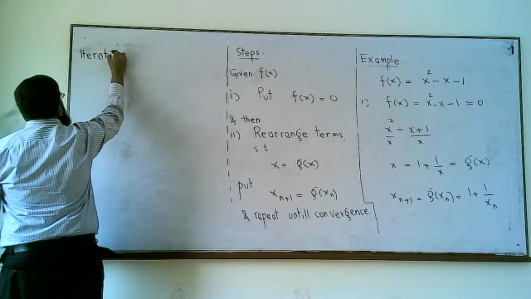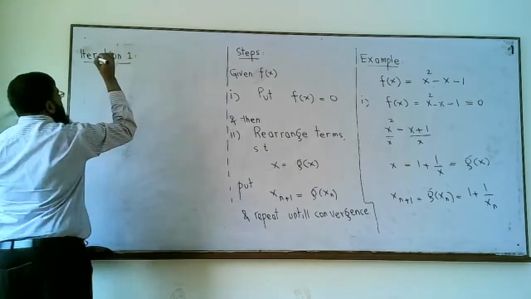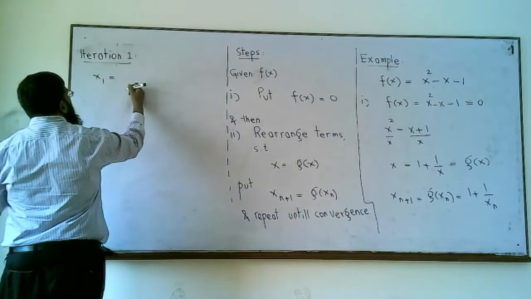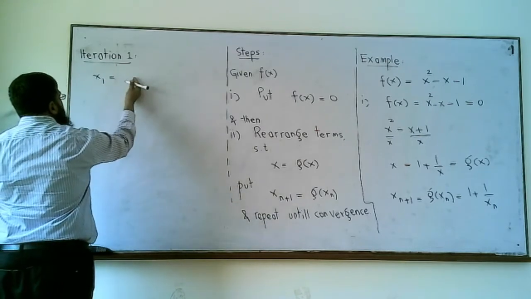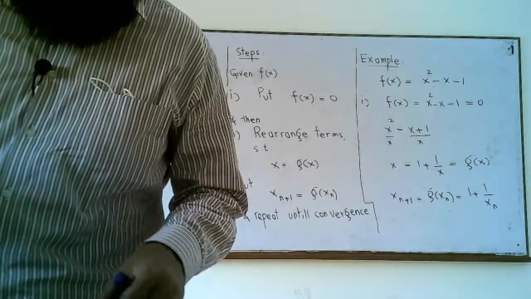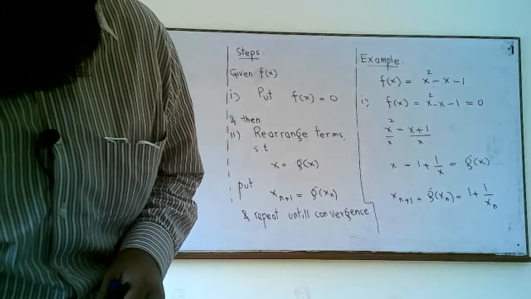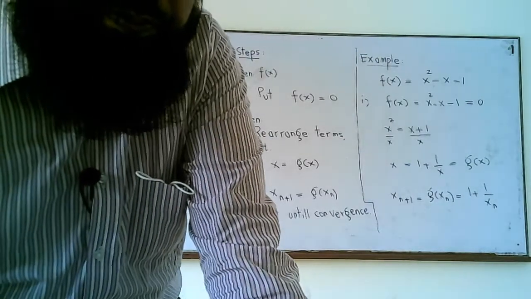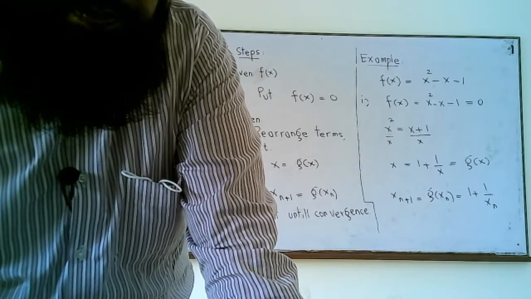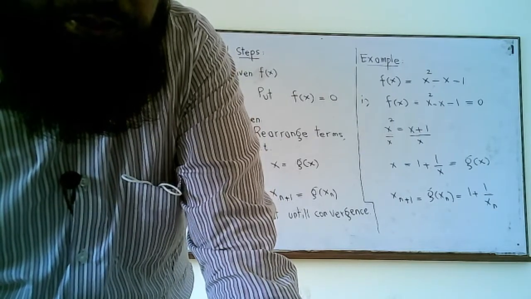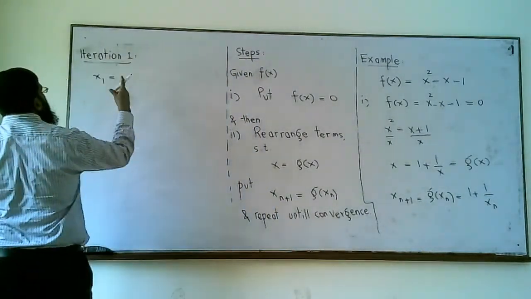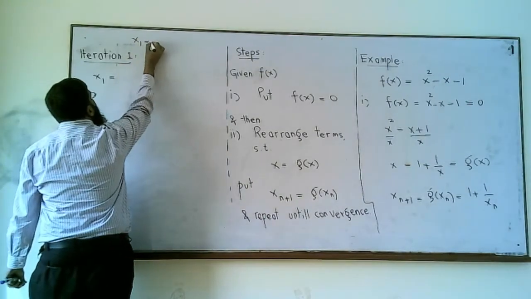Since we know that all numerical methods are iteration based, in iteration number 1 we'll put x1. This is how I have implemented it: I have started with x equal to minus 5, so x1 is minus 5.